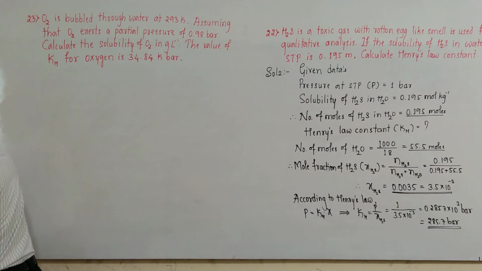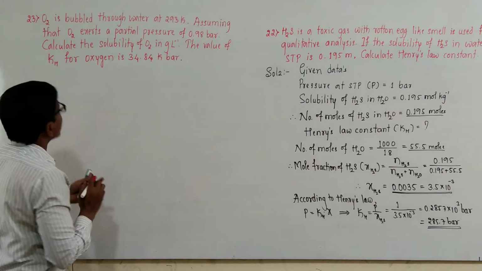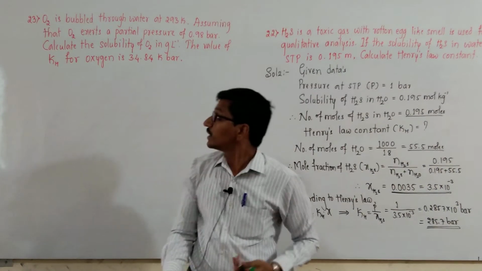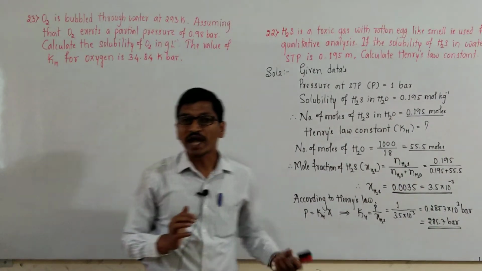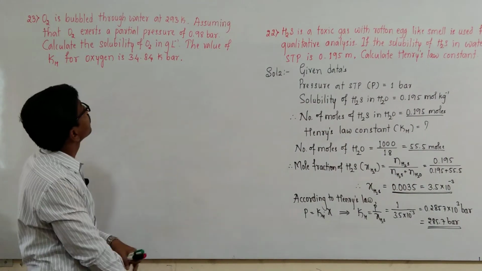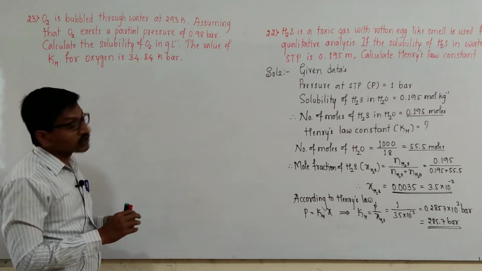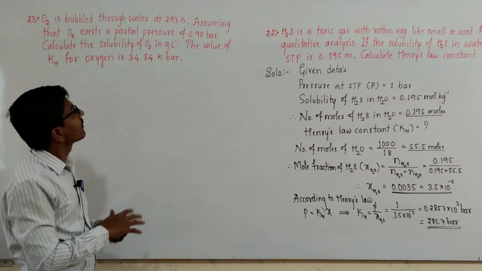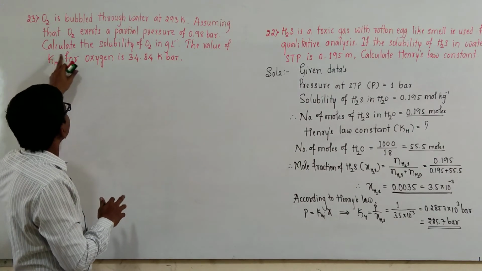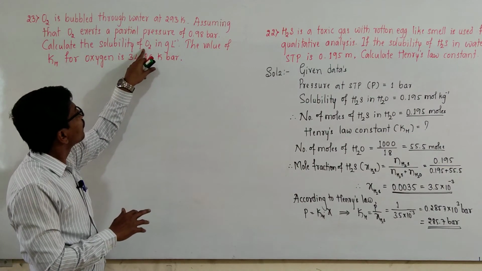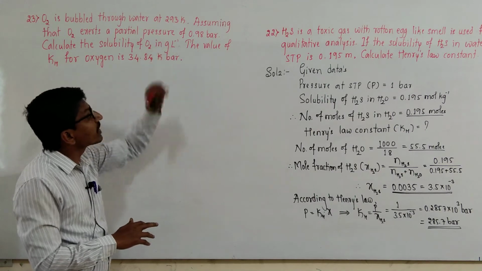What do we have to calculate? In this problem, oxygen is bubbled through water at 293 Kelvin temperature. Assuming that O2 exerts a partial pressure of 0.98 bar, calculate the solubility of O2 in gram per liter.